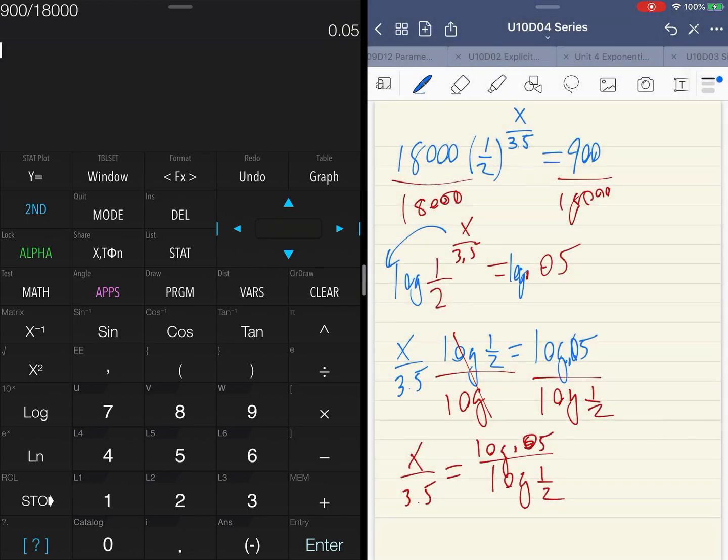And then to cancel out the 3.5 on the other side, I'm going to multiply both sides by 3.5. Those cancel out.